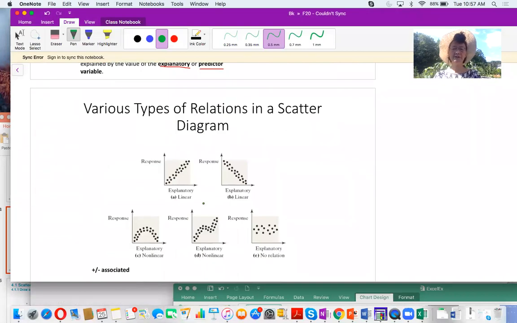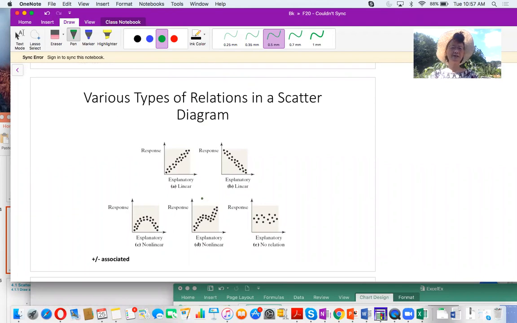So based on this example, we'll draw general conclusions. Generally speaking, there are various types of relations in a scatter plot. Always remember the X represents explanatory variable and Y represents response variable. If you get this kind of scatter plot, it is a linear scatter plot.